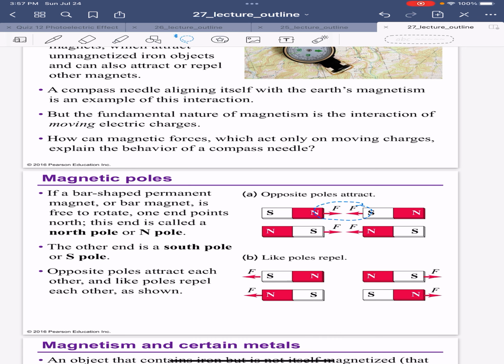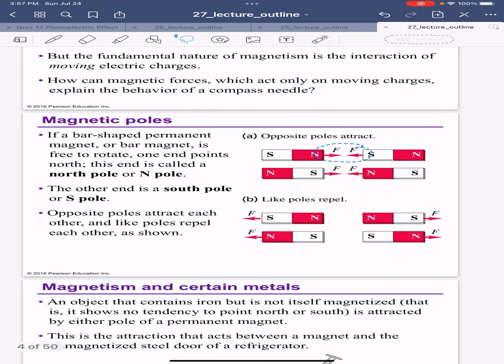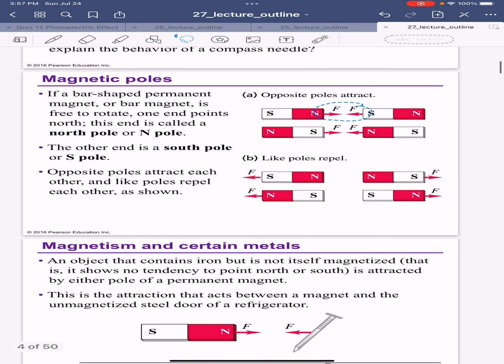Now let's go over more details. Magnetism is related to some of the materials, not all the materials.